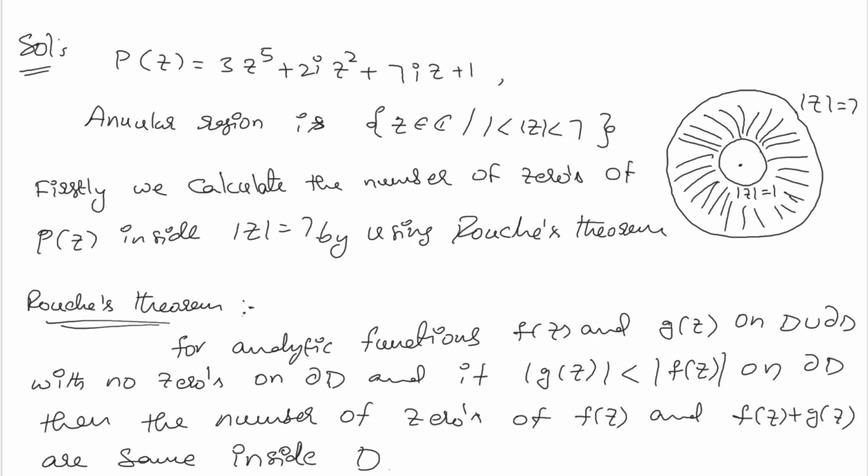So there exists one zero inside this smaller circle, and there are four zeros somewhere inside the bigger region mod z equal to 7. As it is asked to calculate the number of zeros inside this shaded region only, there are four zeros which are not inside the smaller circle mod z equal to 1.